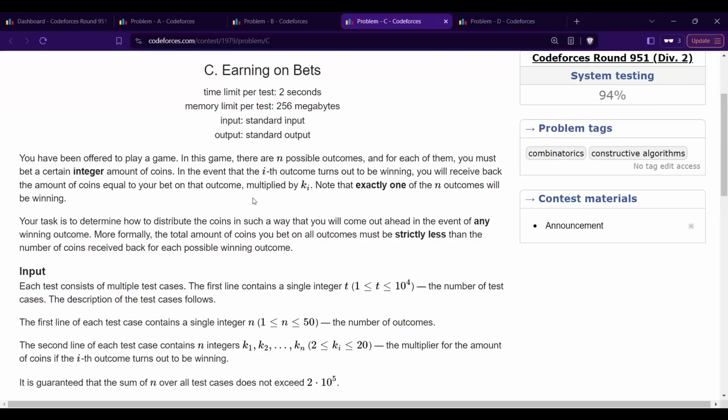Note that exactly one of the n outcomes will be winning, so all the remaining will be losing outcomes. Your task is to determine how to distribute the coins in such a way that no matter what, you'll always get more coins back than you initially placed on bet.